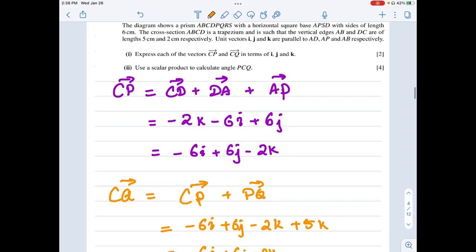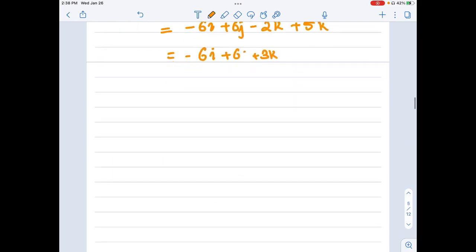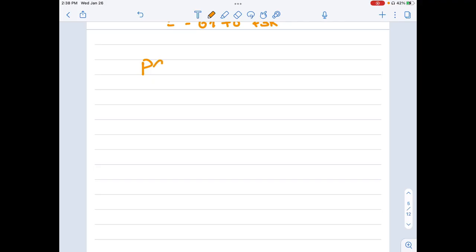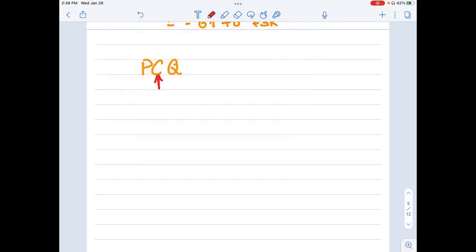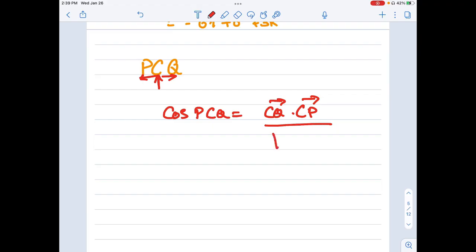Use a scalar product to find the angle PCQ. Whenever it is PCQ, you take the middle alphabet, C, so CQ and CP. So cos PCQ will be equal to CQ dot CP upon modulus of CQ times modulus of CP.